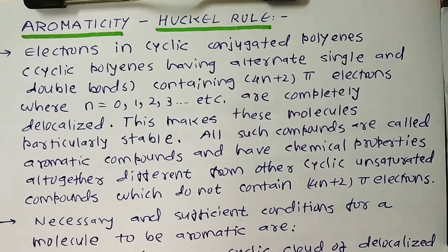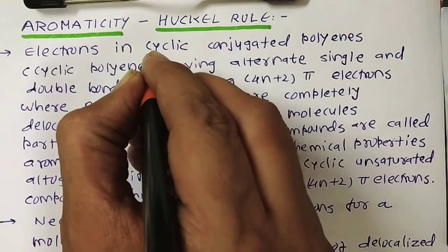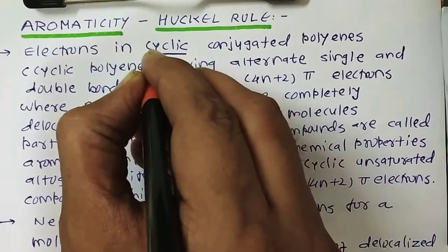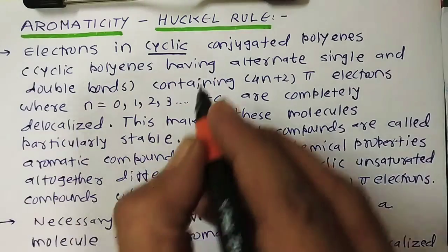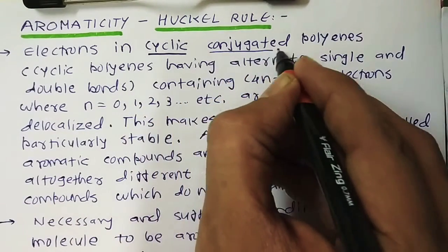This Huckel's rule is applied to decide whether the compound is aromatic in nature or not. On the basis of molecular orbital theory, Huckel predicted that the first condition is that the compound is cyclic in nature. Another condition is a conjugated polyene system.